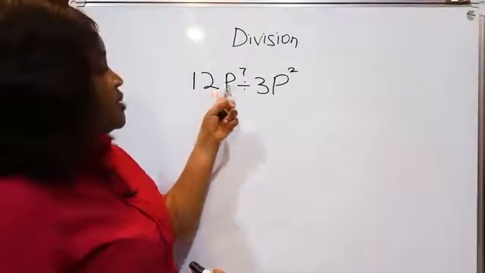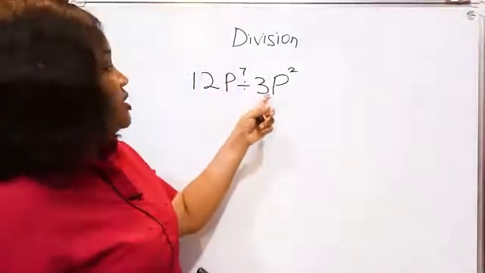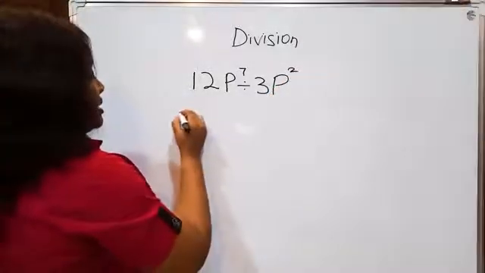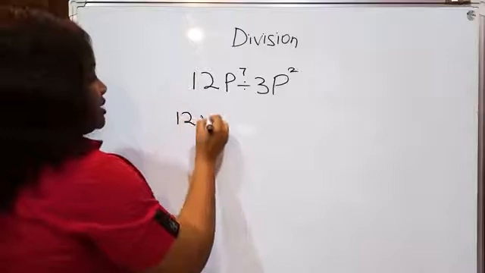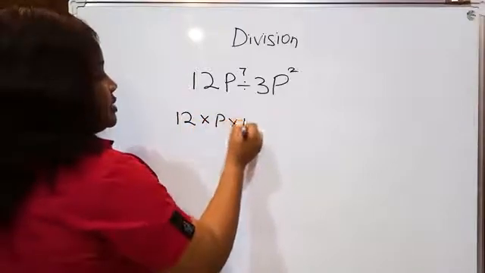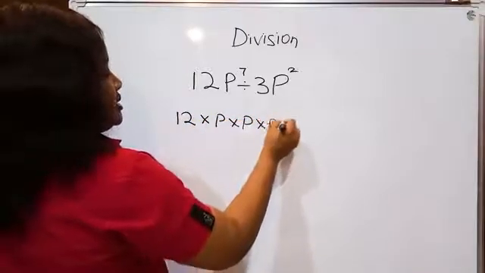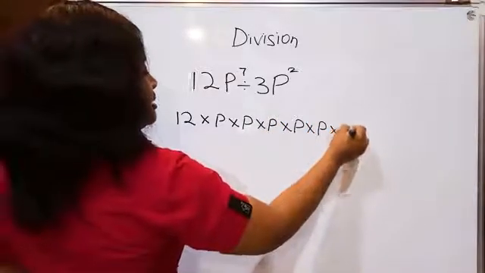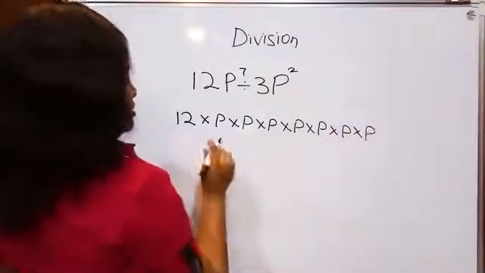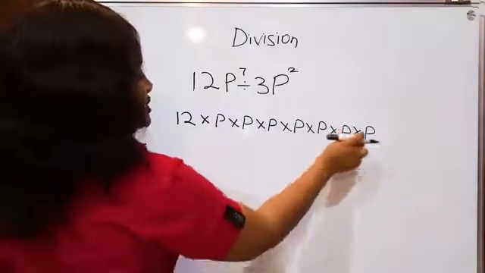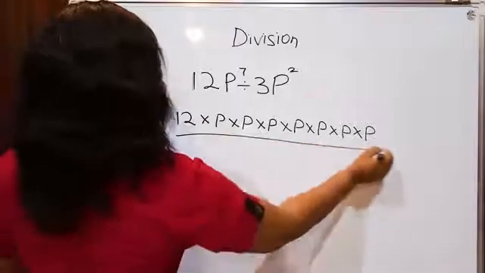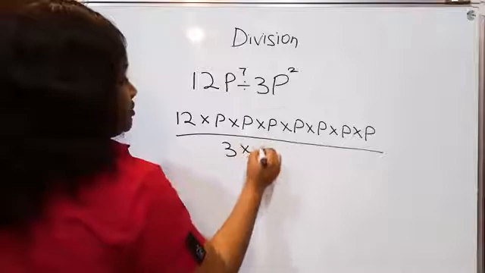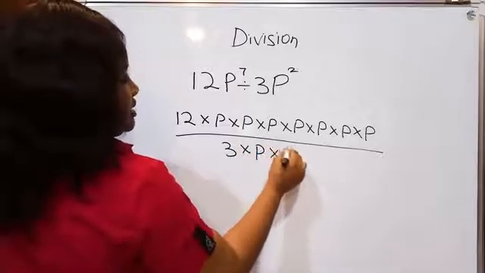You have 12p raised to the power 7 divided by 3p raised to the power 2. It's something like saying 12 times p times p times p times p times p times p times p, that's 7 p's, all over 3 times p times p.